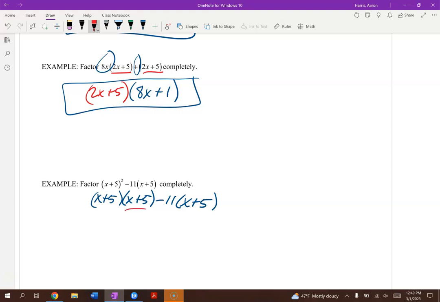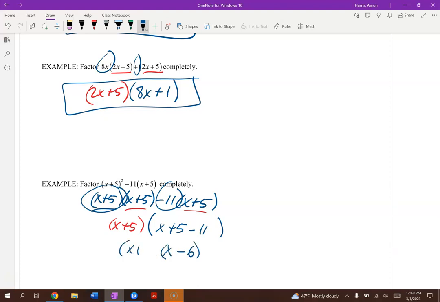So I take an x plus 5 out of both, and I'm left with yep, x plus 5 minus 11. I should clean that up. So this is what it ends up. Again, if you distribute all that stuff and work it through, you'll see those are the same thing, right?